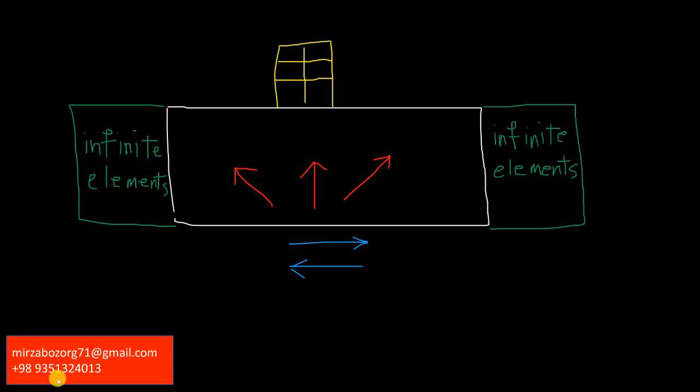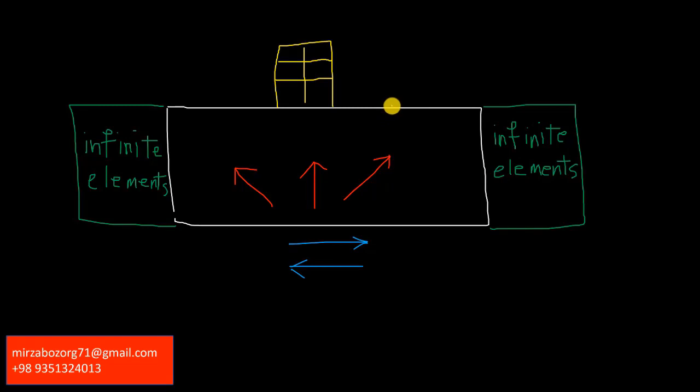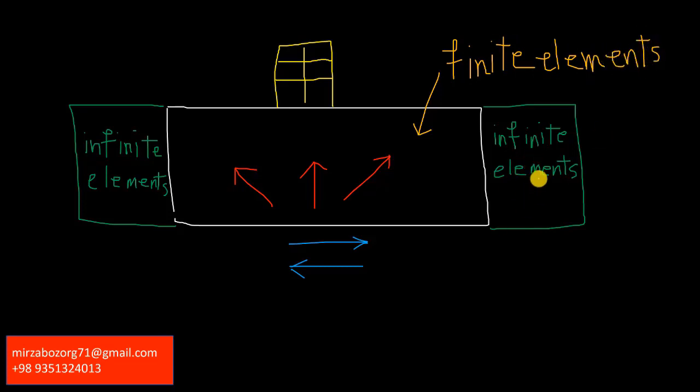Okay, we define infinite elements here, and we will use finite elements here. What I have taught you until now, all of it is included in finite elements. But here we have infinite elements, because we don't want these waves to be reflected completely.